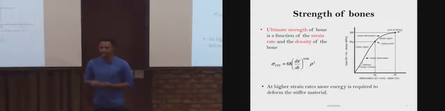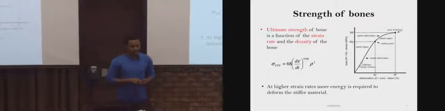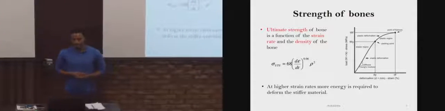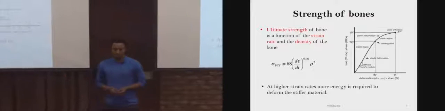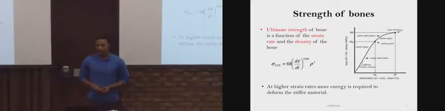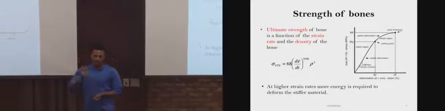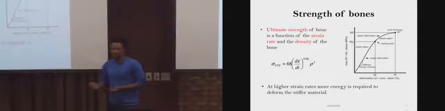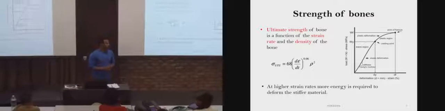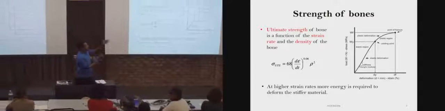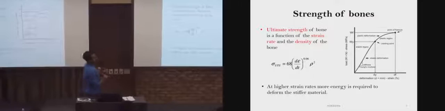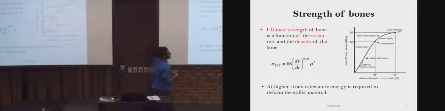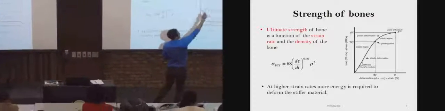So the density highly affects the ultimate strength. Higher dense material or higher dense bone have high ultimate strength. Ultimate strength is the highest point where the bone can withstand any kind of load. So if you take a load deformation curve, you can have this kind of curve.